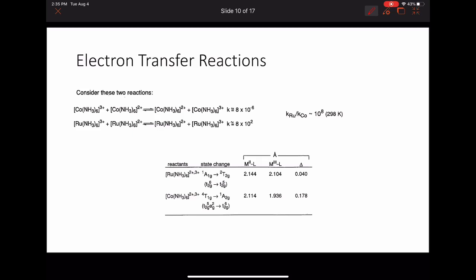This change in energy levels results in a significant change in bond lengths as well, and makes this process much slower as compared to the ruthenium process, considering that ruthenium 2 is a low spin D6 complex. When it's oxidized, it goes to a low spin D5. So the overall electronic change that you have in the ruthenium complex, since you start as low spin already, is much less substantial than what we observe for the cobalt system.